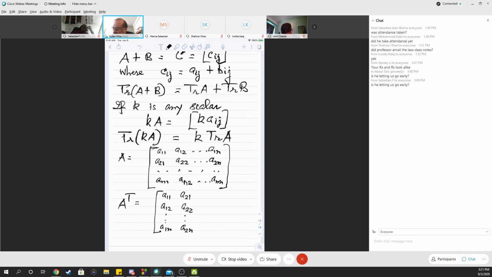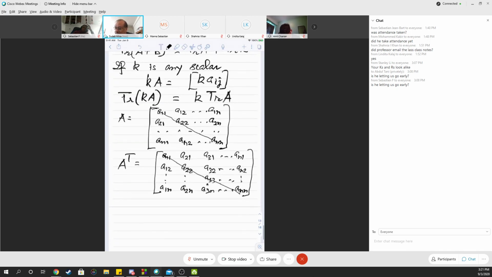Third row becomes the third column, A31, A32, A33, A3n, and so on and so forth. Nth row becomes nth column, AN1, AN2, ANN. Look at the diagonal elements here.